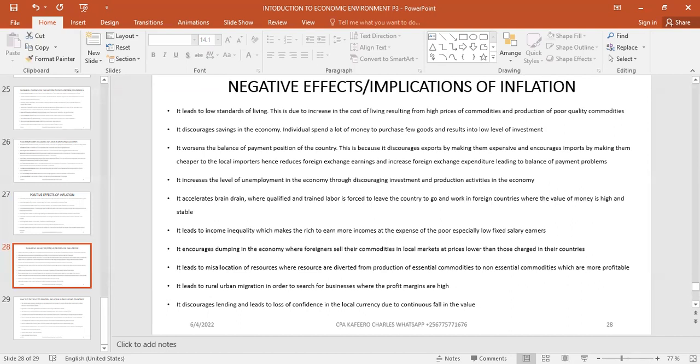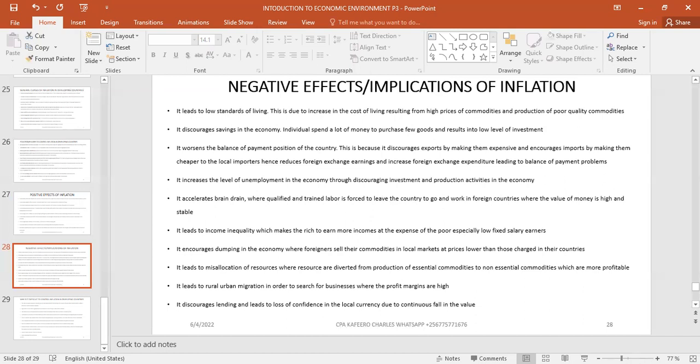The other one, it worsens the balance of payment position of the country, in the sense that if your exports are expensive, then the investors or the people who are buying, the importers, are going to be discouraged. When they get discouraged, it means you are going to be receiving less foreign exchange earnings from your exports.